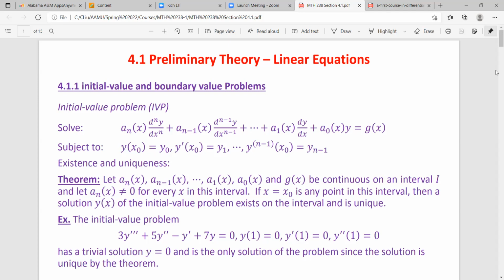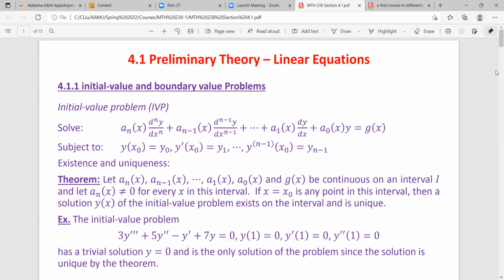But the point here is, by inspection, you can easily see that if you let y equal to 0, the constant function y equal to 0, then all the derivatives of y will also be 0.